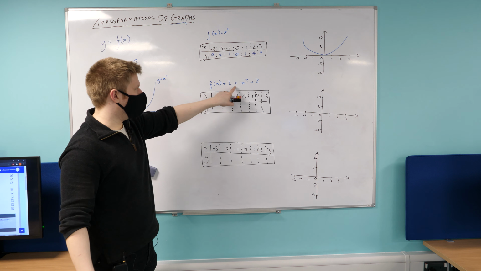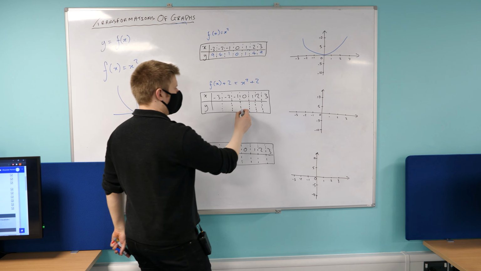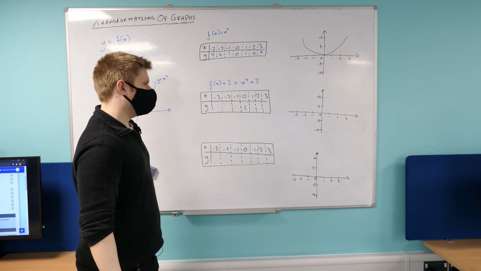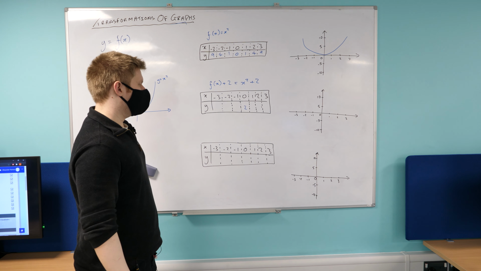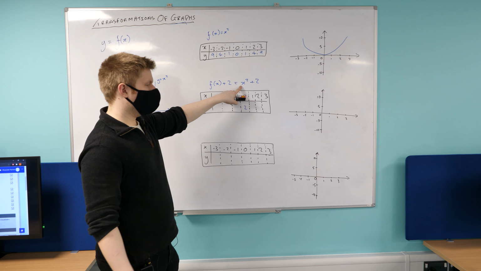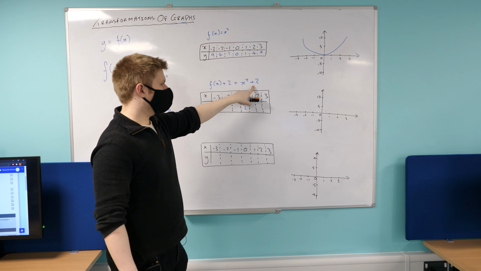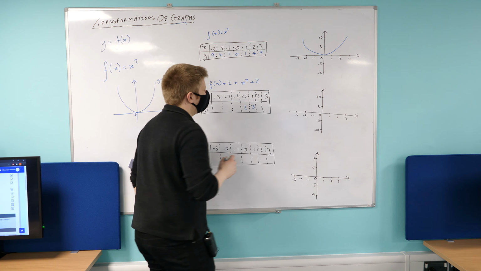If I stick 0 into this thing, what do I get out? 2. Good. If I stick 1 into this thing, what do I get out? 2. Sure. Yeah. So 1 squared is 1, plus 2. 1 plus 2, 3. Well done. You're tired, that's fine.